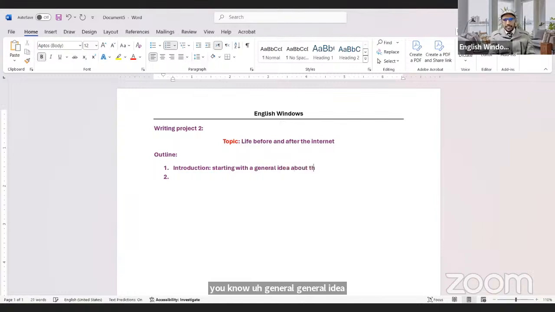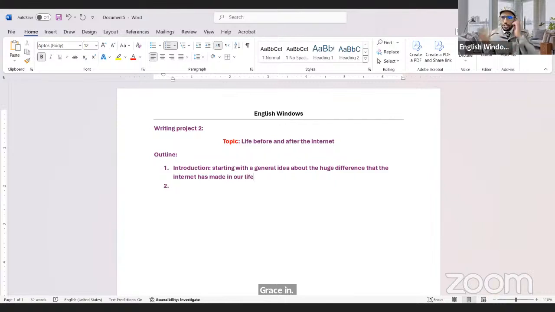about the huge difference, or impacts, that the internet has made in our life. As an introduction, we'll show that life before and after the invention of the internet is not the same.